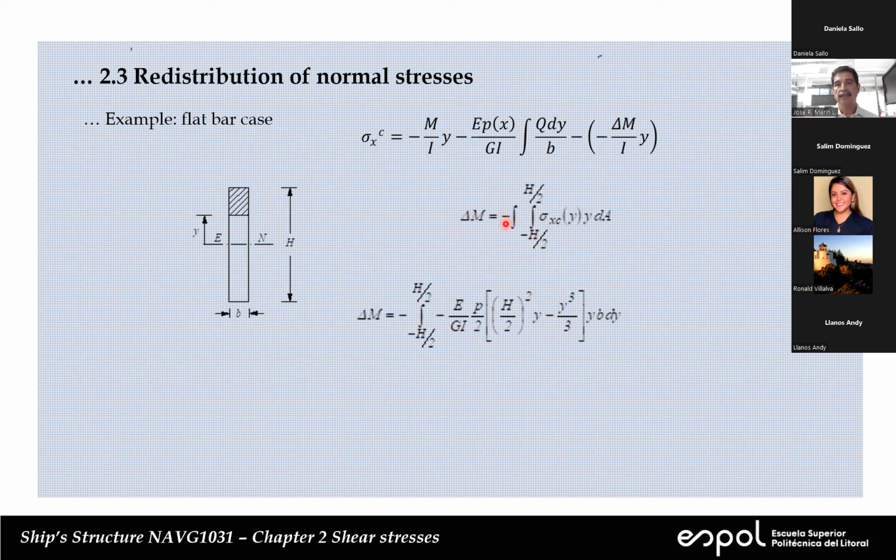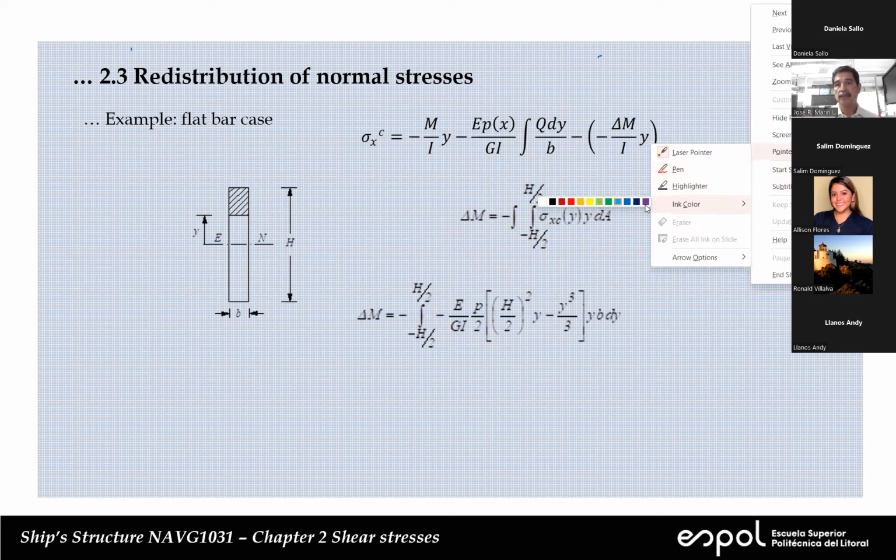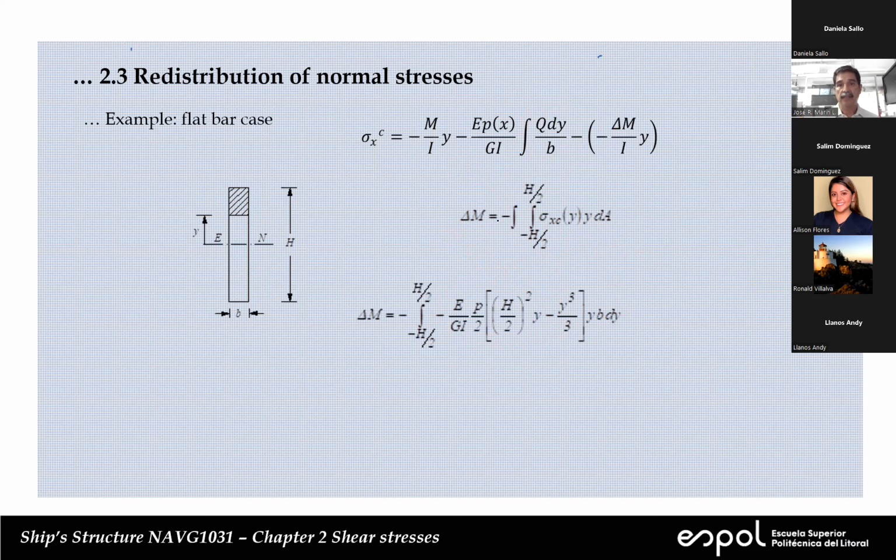So this negative here, let's see. As I said before, I warned you, we have to be careful with these negatives. Okay, so this negative comes from the previous slide. So that's it. This is sigma y dA.